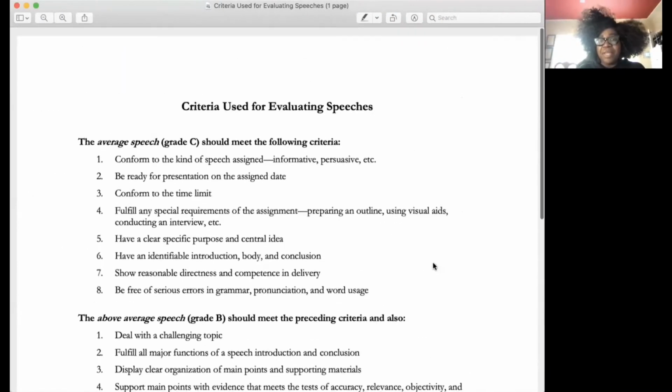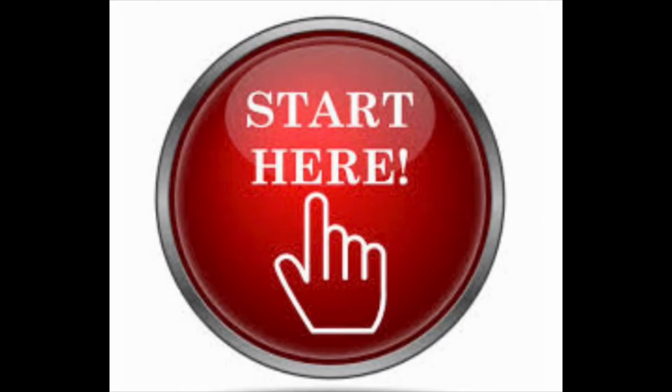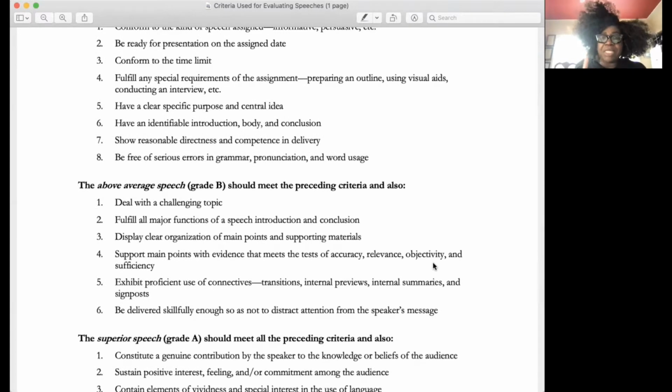So what we have here is the criteria for the A, B, and C speech. I always start out by showing this to my students so that they are very clear about what they're signing up for. Let's start with the B speech, because I find that the B speech is really very clear. Once you understand what the B speech does, then you can understand the C, and then you can understand the A speech.